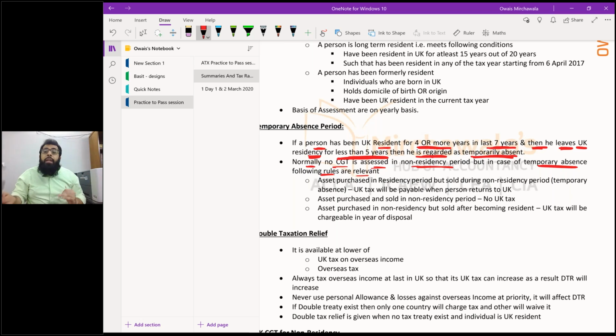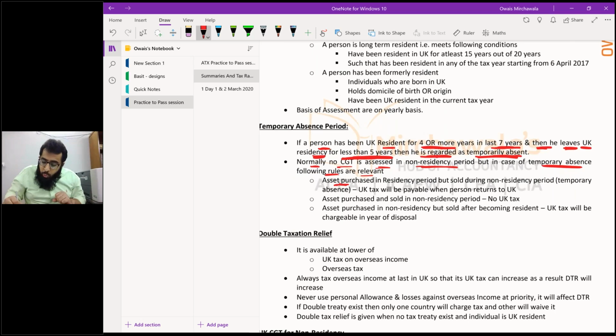Okay, let's read the rules. Assets purchased in residency period but sold during non-residency: you were resident earlier, you had purchased some assets, you became non-resident, and that non-residence was temporary absence, then UK tax will be payable when a person returns to UK.